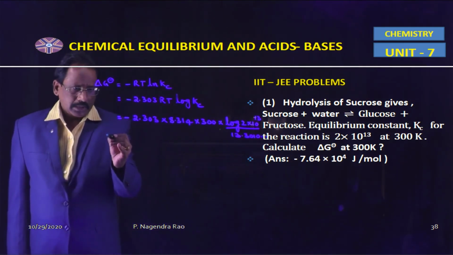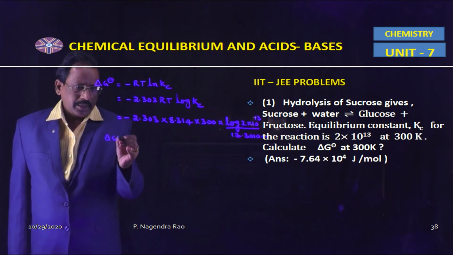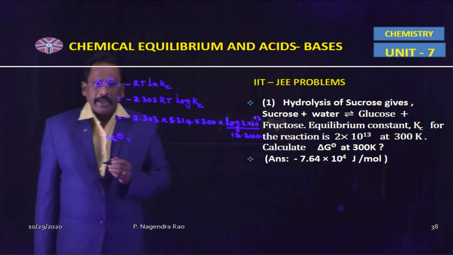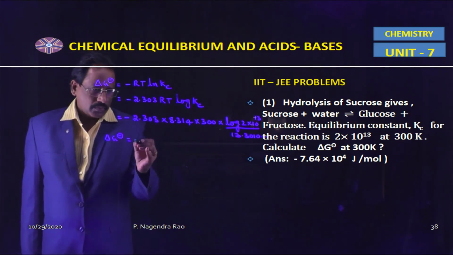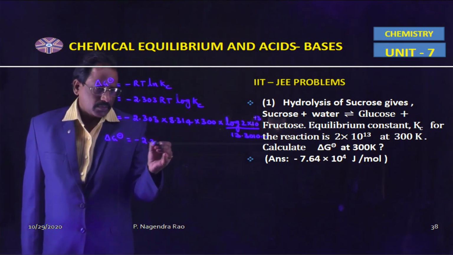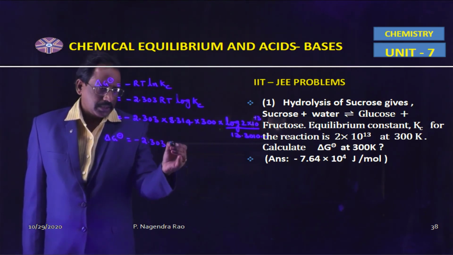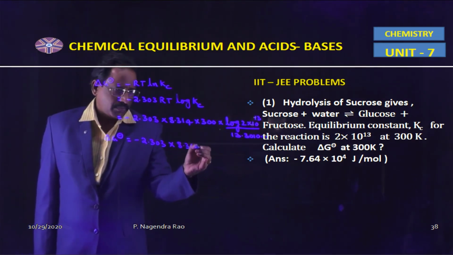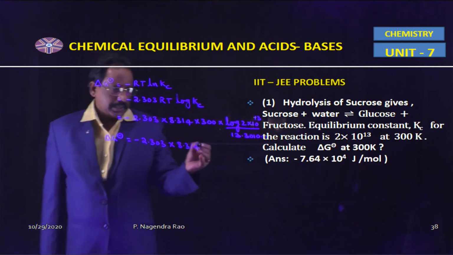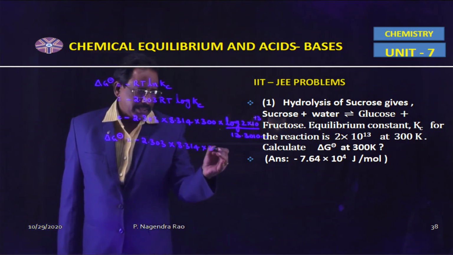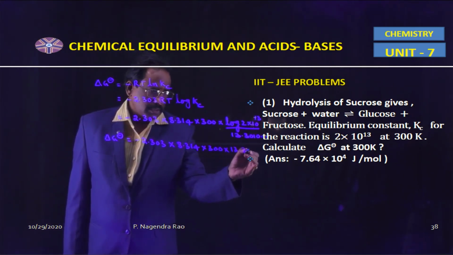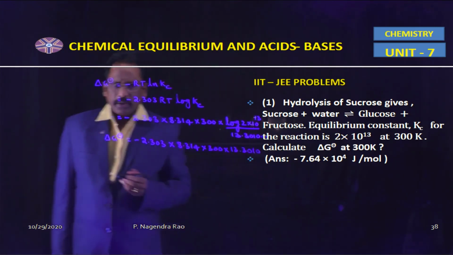Therefore, the change in Gibbs free energy at standard conditions is equal to minus 2.303 into 8.314 into 300 into 13.3010.